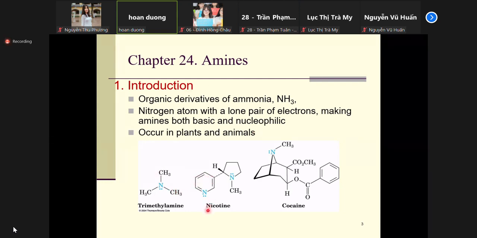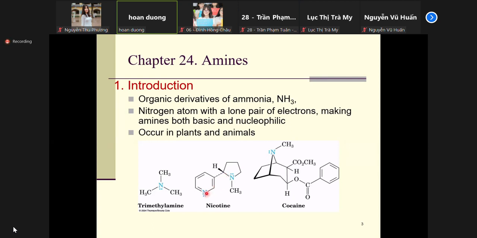You can see nicotine, cocaine, and cocaine is very famous, right? So in cocaine, you can see nitrogen is still here, and it still has a pair of electrons. And nicotine is found a lot in tobacco plants, right?